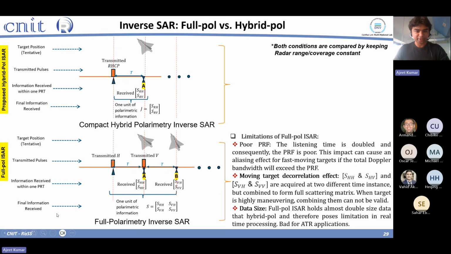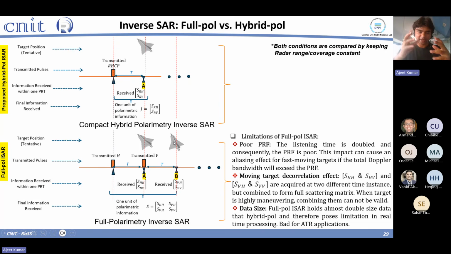And there is a decorrelation effect, which I was mentioning: you acquire the information HH and HV at this instance, and then we expect that the target has not moved up to this point. Then only can you combine the scattering matrix and consider it one entity. But this is not the case in inverse SAR. When the target is moving very fast, non-cooperative and maneuvering, there is a chance that at the instance when you collected H and V, the target had one rotation and position, but at the other instance, when you collect VH and VV, the target has changed.